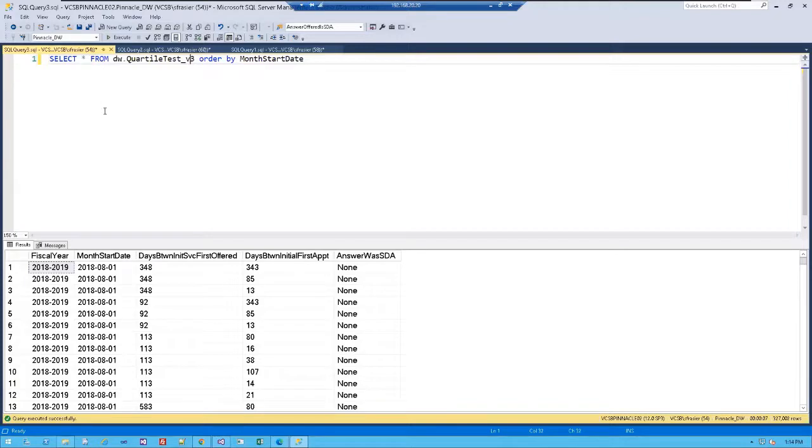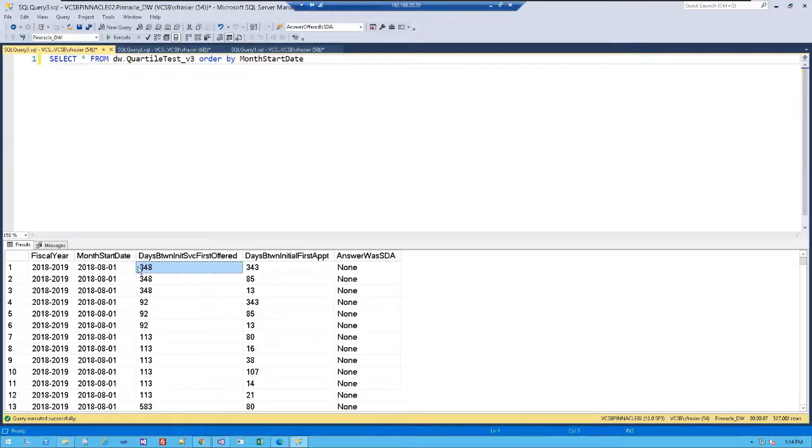I build a nice flat table that has my fiscal year, my month start date, and my days between initial evaluation, where the patient came in for an initial evaluation, and the first offered appointment.